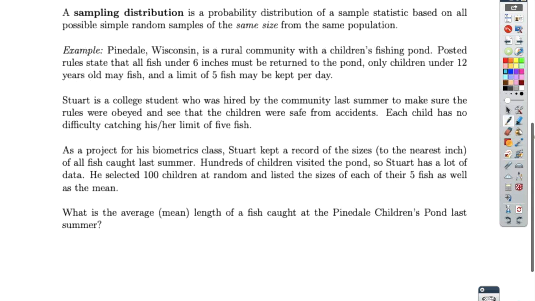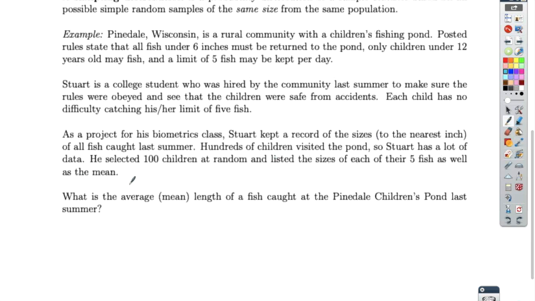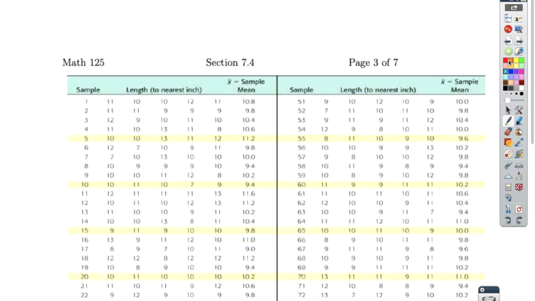So he's finding the average length of these 5 fish as well. Now, the question for us is, what is the average or the mean length of a fish caught at Pinedale Children's Pond last summer?